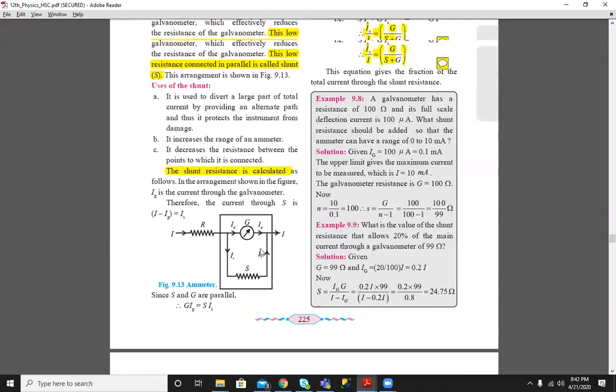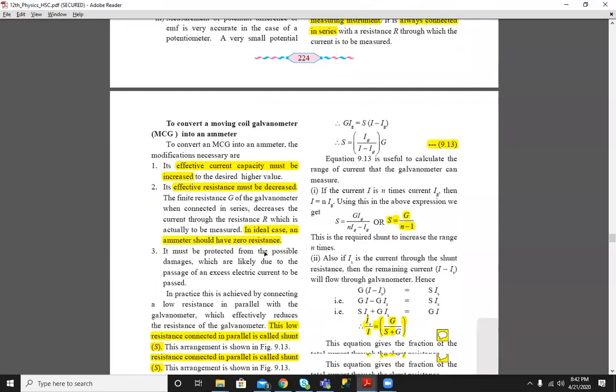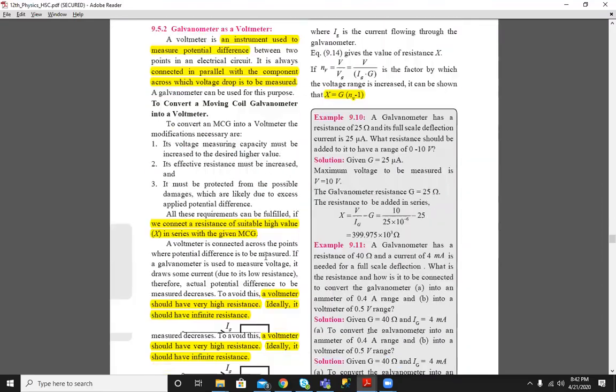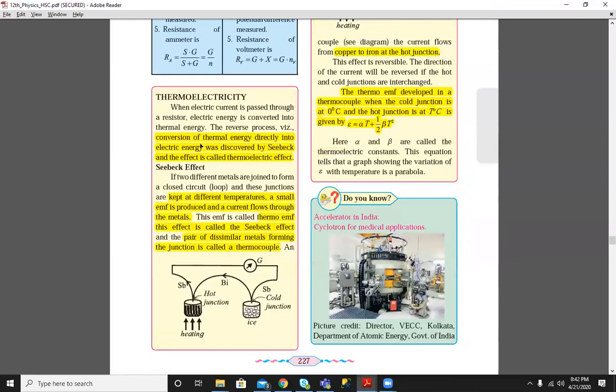So today we have covered the topic of the galvanometer and conversion of a galvanometer into an ammeter and voltmeter. What is the difference between a galvanometer and an ammeter? We have also seen what the thermoelectric effect is. The thermoelectric effect is nothing but the conversion of thermal energy into electrical energy.